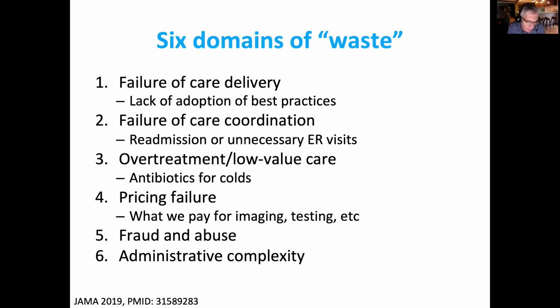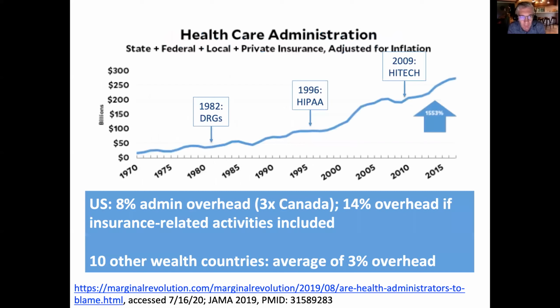So administrative complexity is only one domain within this larger umbrella of waste, but it is by far the biggest of all of them. And so here's a figure looking at administrative costs over time. And you can see there's not really any one event that drives up healthcare spending.